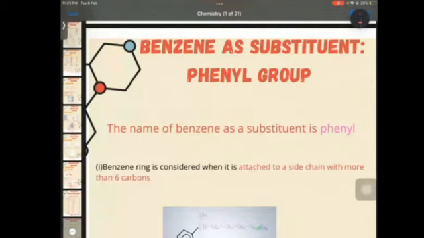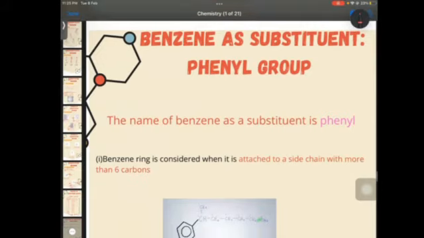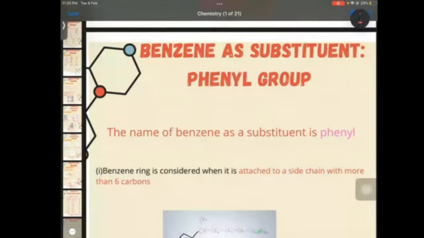So, let's move on to the next part. Benzene as substituent. Phenyl group. The name of benzene as a substituent is phenyl. Maknanya kat sini, bila benzene ni adalah substituent, dia akan berubah menjadi phenyl, bukan lagi benzene.